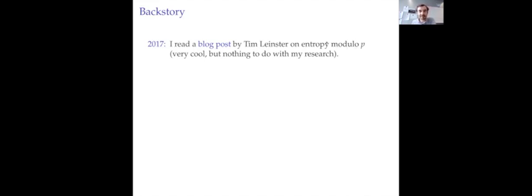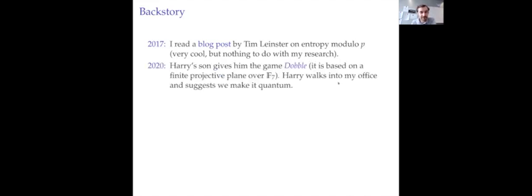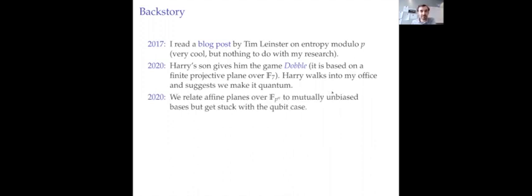Sometime later, during the pandemic, Harry's son gave him this game called Double. This game is based on a finite projective plane of order 7. One day, Harry just walked into my office and said, let's make this game quantum. We tried for some time, and we made it quantum.